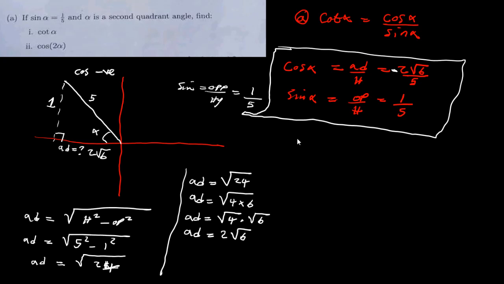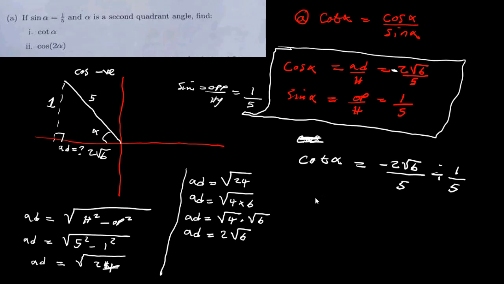With this done, cot alpha will be equal to cos alpha over sin alpha. So we can say negative 2 square root 6 over 5 divided by 1 over 5. Remember, this line is just telling you to divide.